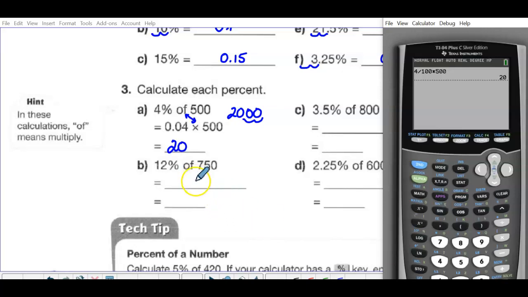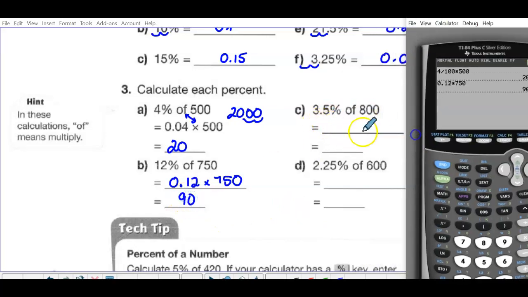Okay, that's 20. Then 12% of 750, that's 0.12 times 750. I'll always want to see you show the actual math that you're using. So 0.12 times 750. That's 90.